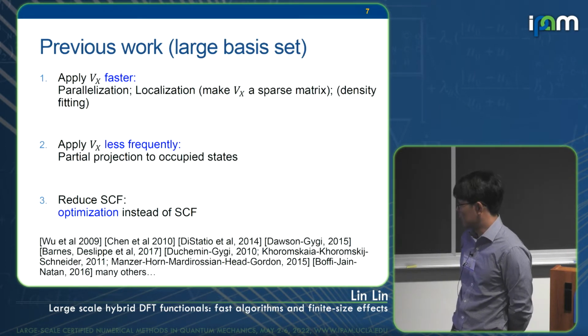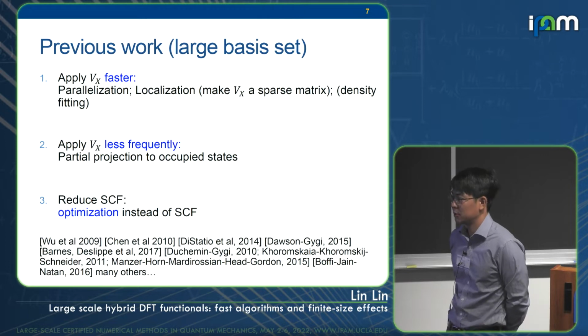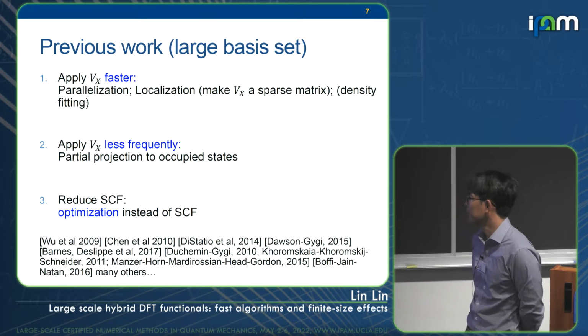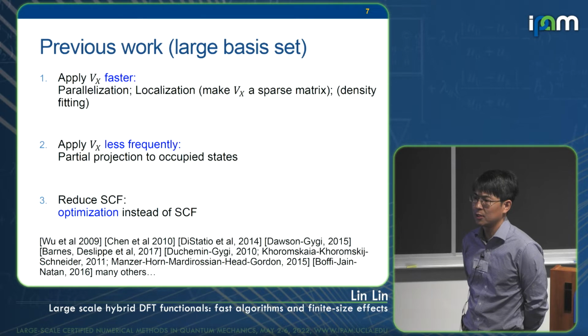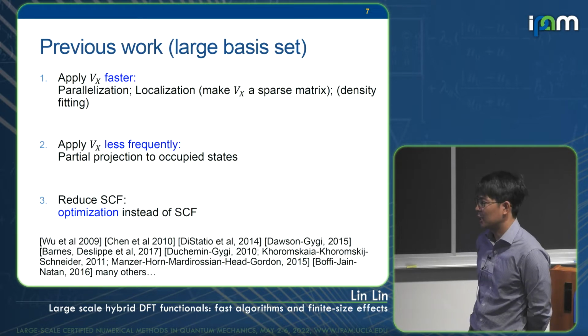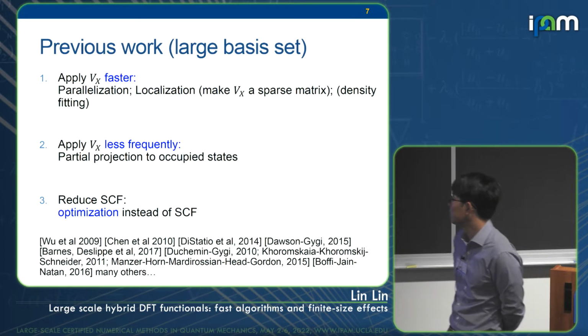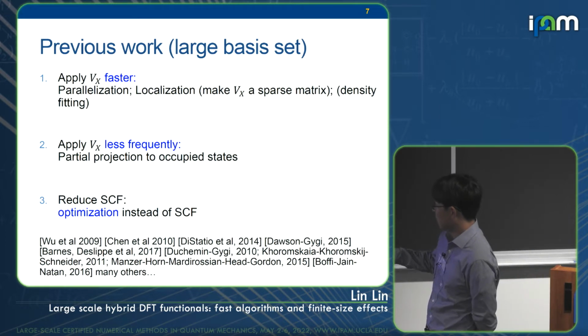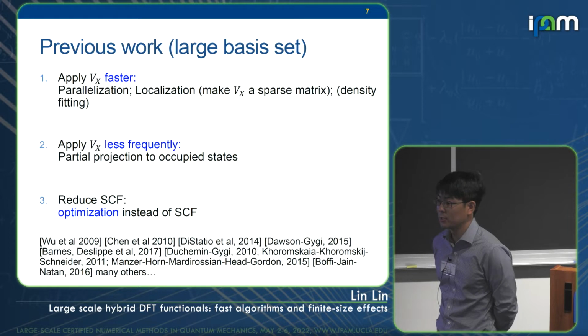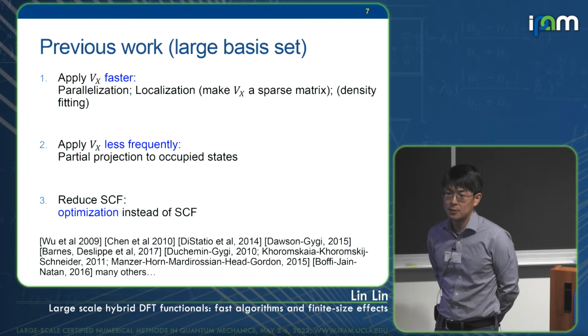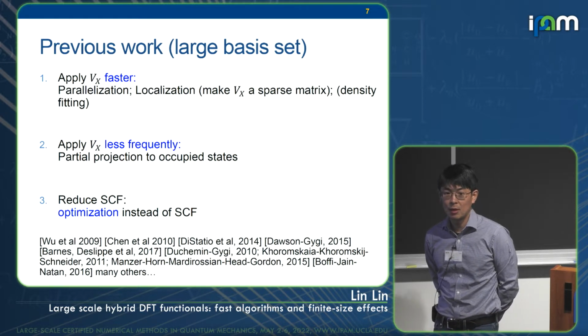Of course, the community is very well aware of these issues, and there have been many works trying to address these problems from various aspects. Some of the experts in the audience have contributed to this field. Here I'm only focusing on large basis set calculations rather than small basis set calculations, such as in quantum chemistry when you use Gaussian type orbitals.